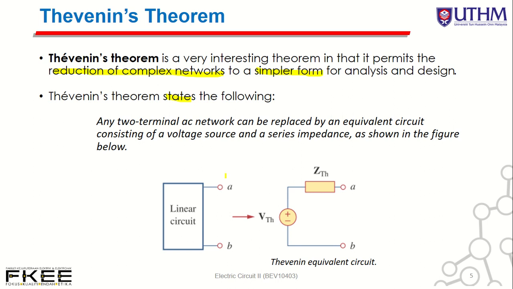Let's say you have a network. So we have any terminal, let's say you have terminals A and B. This complex network can be replaced by an equivalent circuit. We call it a Thevenin equivalent circuit, which consists of VTH, V Thevenin, and ZTH, Z Thevenin.